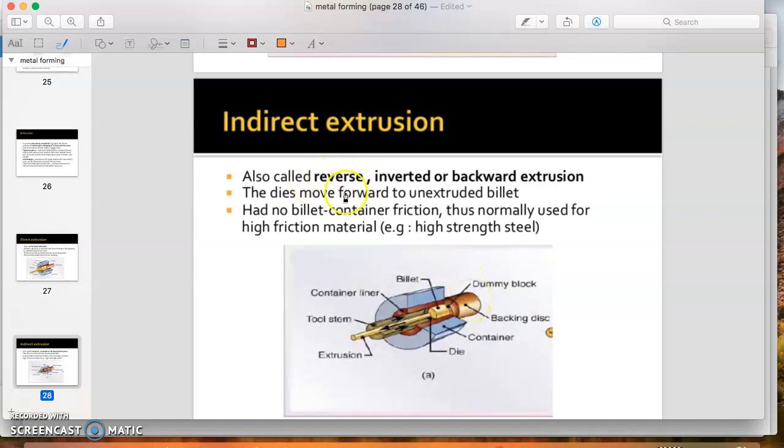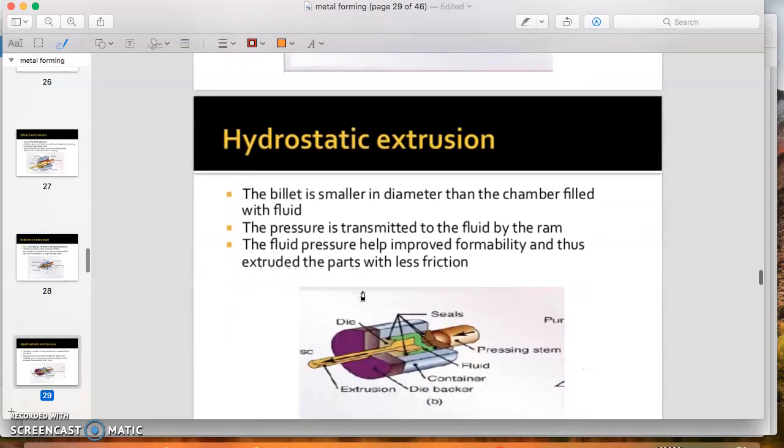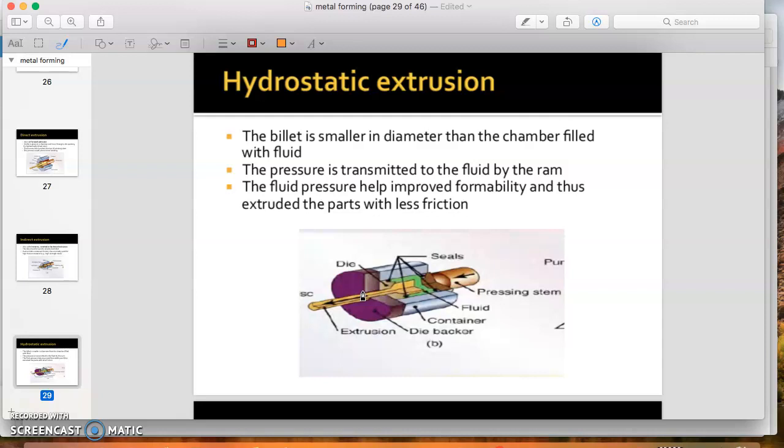That's why we call it reverse or inverted. And for hydrostatic extrusion, the name hydro means that it involves liquid, or fluid. In this case, they use fluid, usually oil, and use hydrostatic pressure.